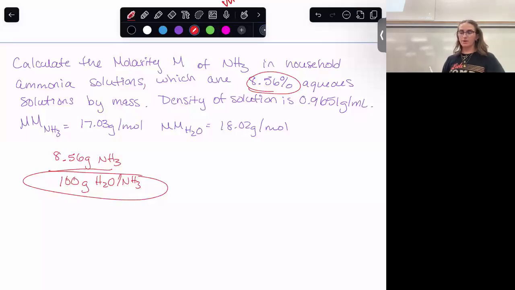All right. So if we know that we have 8.56 grams of ammonia, we're looking for molarity, which we said is moles over liter. So how are we going to get from grams to moles? Molar mass.